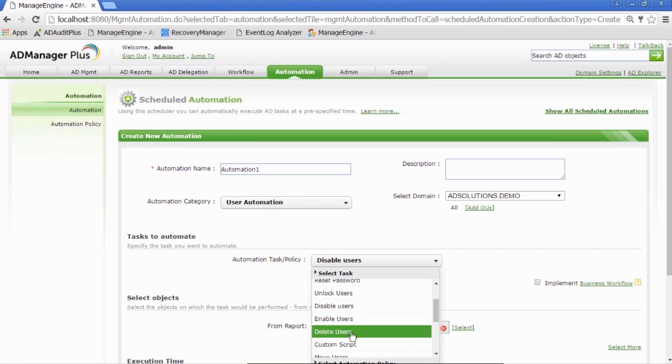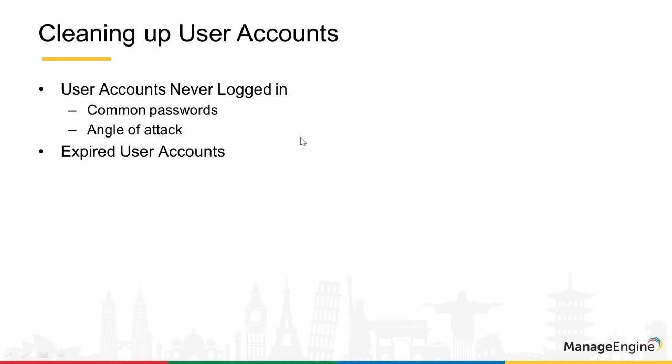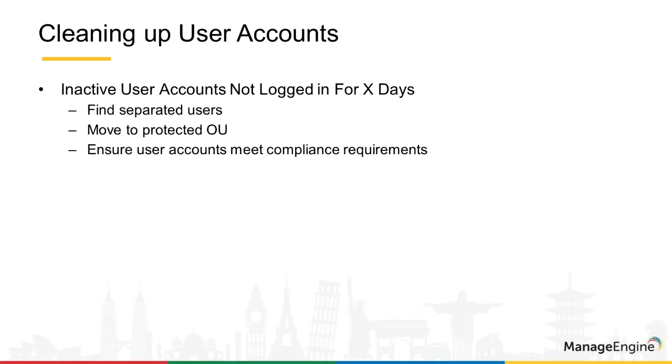So I could go to that level, but maybe I don't want to go to that level just yet, right? So the idea is we want to be able to look at an account, whether it's never been used, whether it's expired, or let's say that it's inactive. It's not expired, but it hasn't been used in a long time. These are three different types.